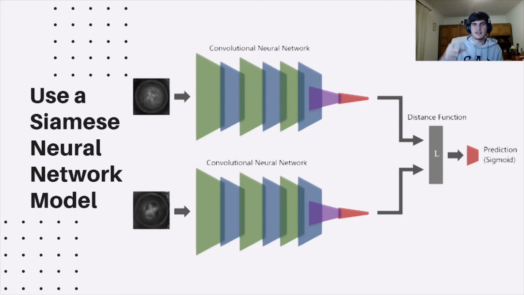It gets the output from those convolutional neural networks, so the feature vectors, and computes a distance. If the distance is low, it means that the pairs are from the same gun model, and if the distance is high, it means that they are from different gun models.